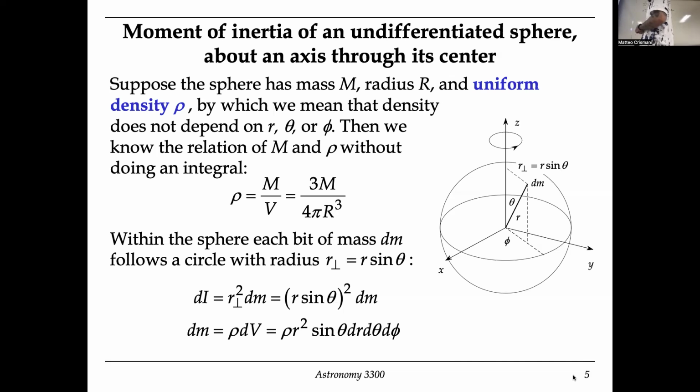You want me to draw that or are you good? Remember that it's not perpendicular through the sphere. It's perpendicular to the axis of rotation. So if this R is going up in this direction, then R sine theta is, sorry, if the R that I'm choosing is going in this direction along Z.